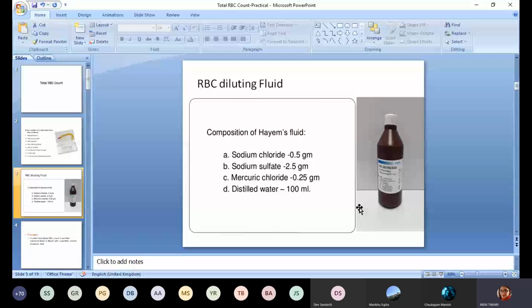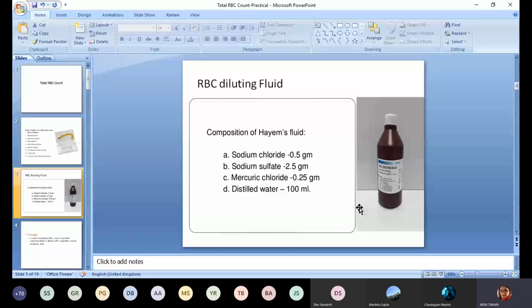It comes in a pre-bottled form. We don't have to collect these individual substances and make a solution; rather, we buy the pre-bottled Hayem's fluid from the market and carry out the experiment.